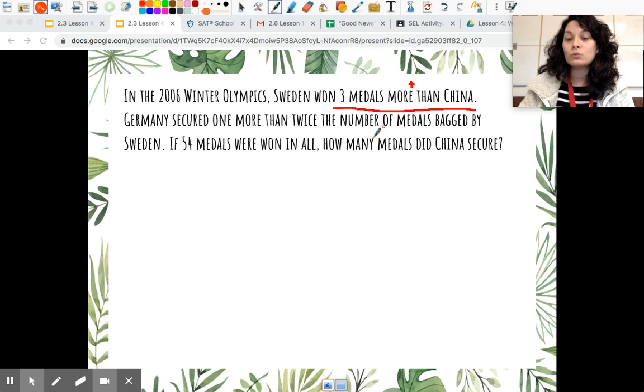So more than means we're adding 3 to however much China won. We don't know how many medals they've won yet. We have to keep reading to see. Germany secured 1 more than twice the number of medals bagged by Sweden.